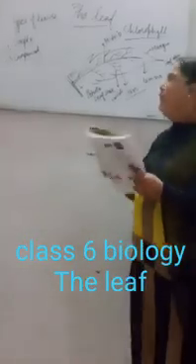A simple leaf is a leaf that has only one structure. This is a simple leaf. That means a leaf in which the lamina is undivided, a single piece. It is called a simple leaf. For example, mango, castor, cotton, China rose.